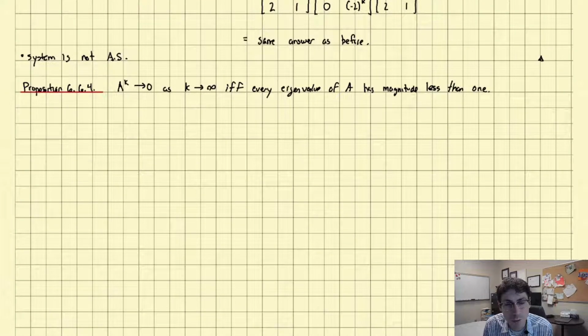Okay, so we have asymptotic stability if when you compute the eigenvalues of A, they are all magnitude less than 1.